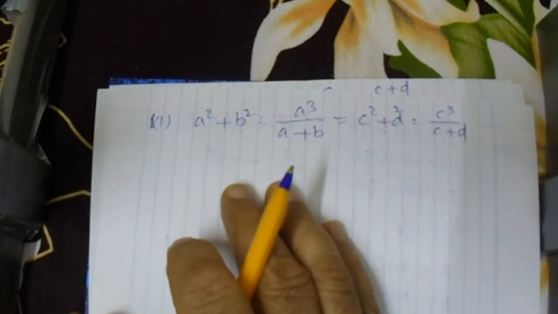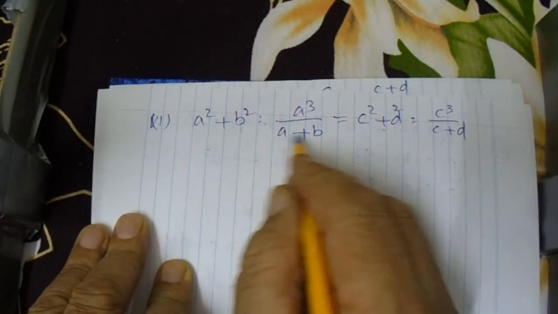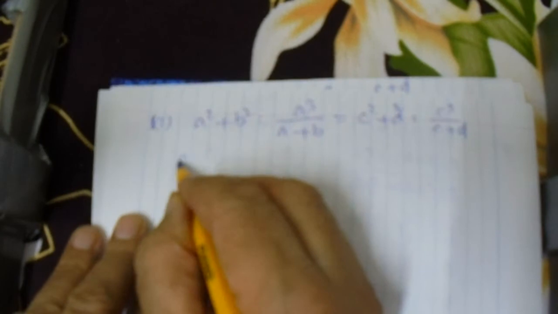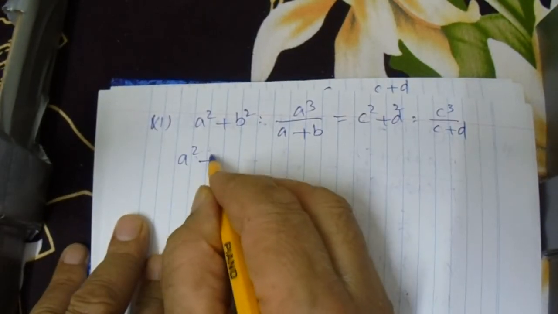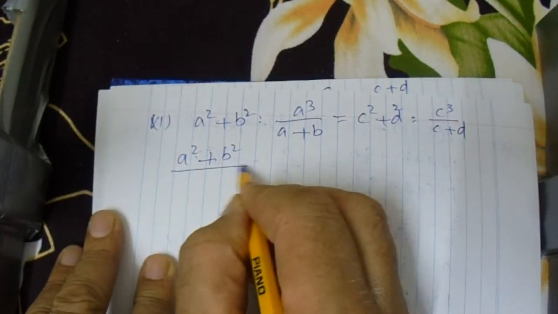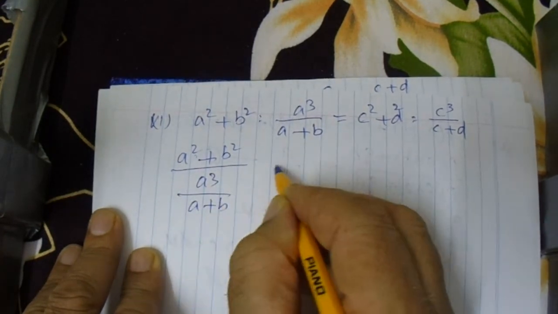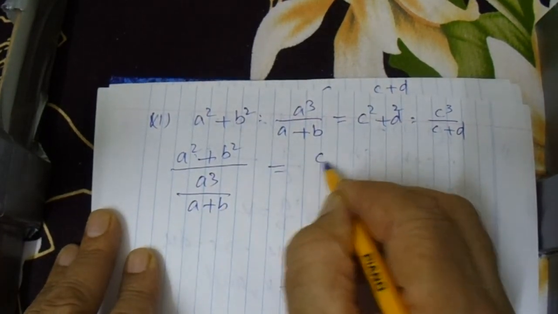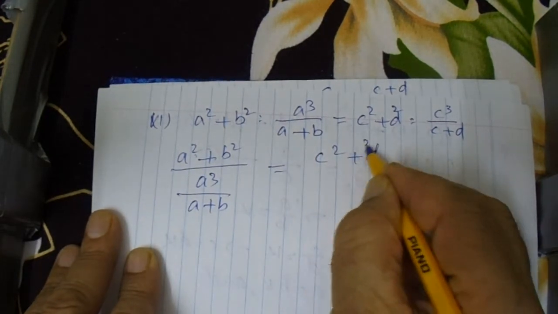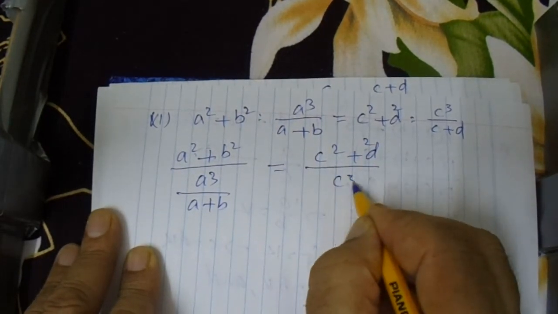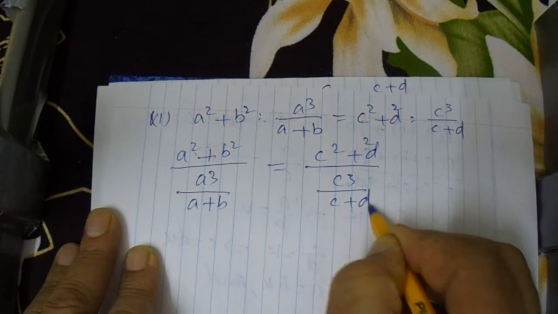Now this is the sixth part. Again we write in fraction a square plus b square over a^3 over a plus b is equal to c square plus d square over c^3 over c plus d.